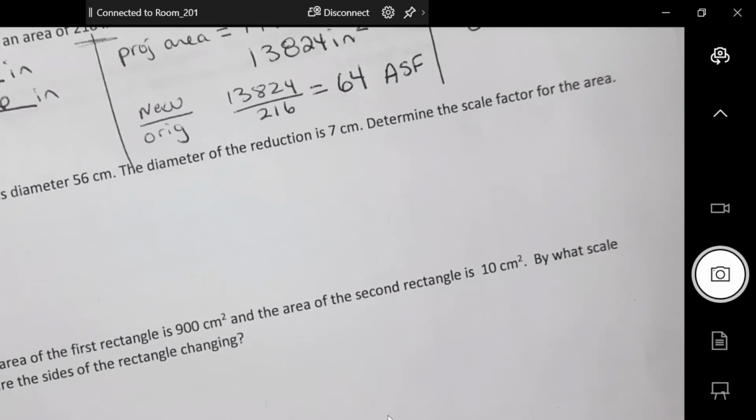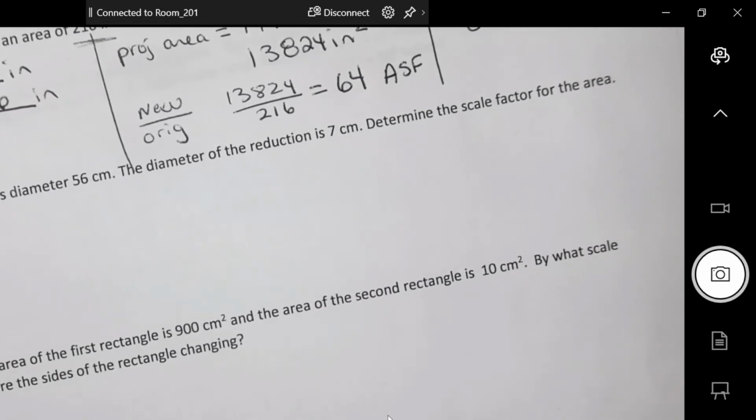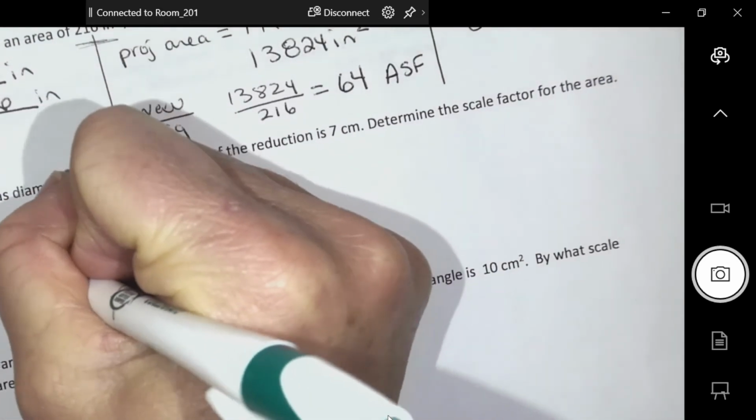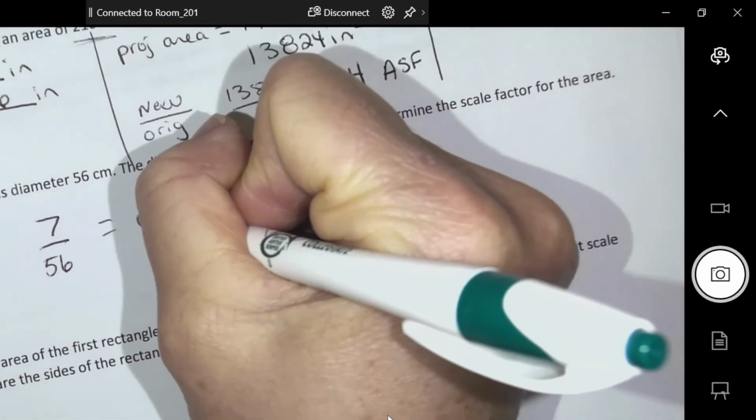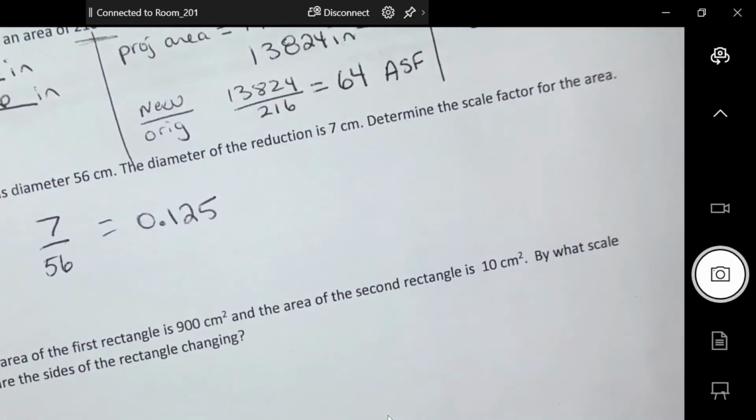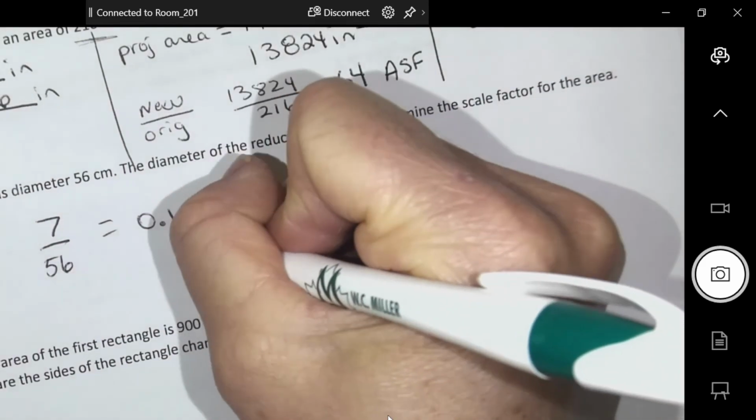Okay. Which one of those would I consider as the new object's size? 7 is the new one because it got reduced to 7. So 7 over 56. Can I label that? What SF?